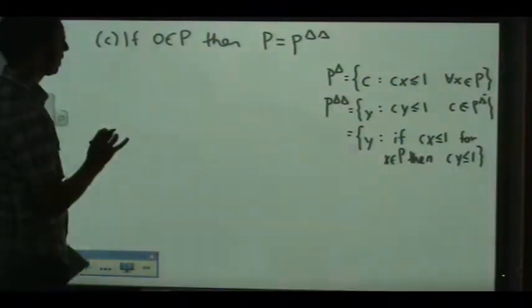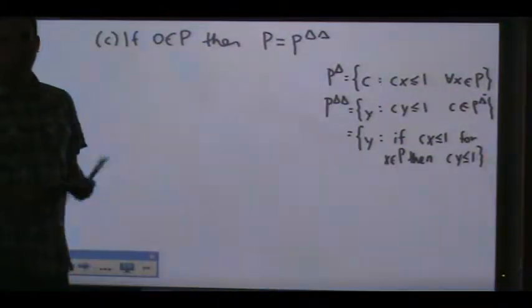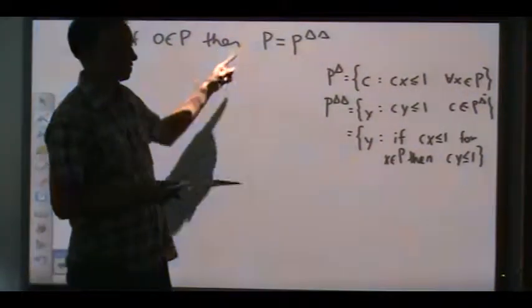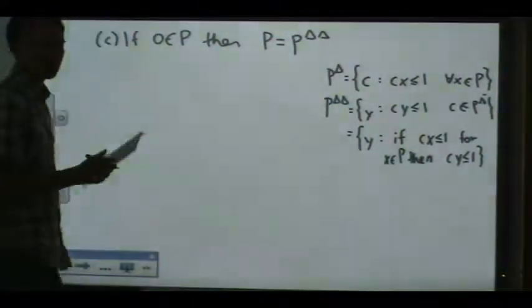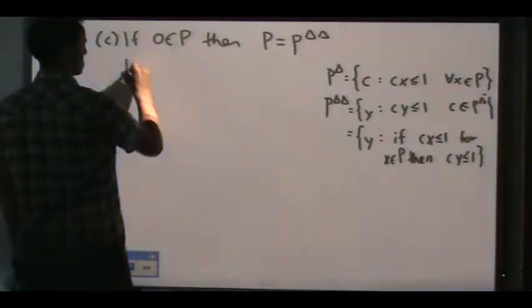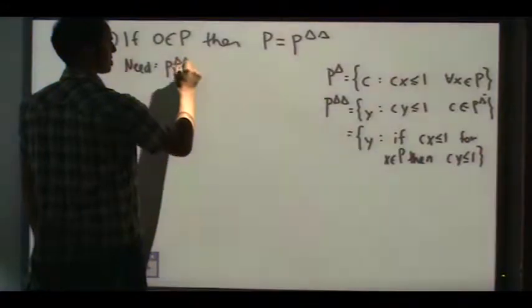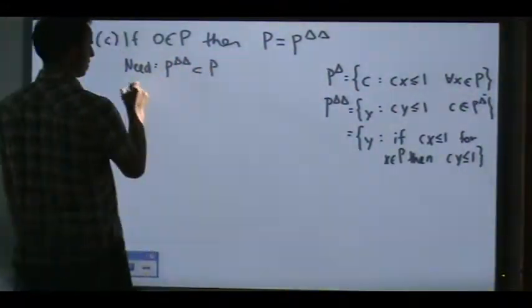So now let's do the following thing. I told you that one inclusion is very easy, and it is true, I'm not lying. P is included in this, that's just straight from the definitions. So what I need now is to show that this is contained in this.